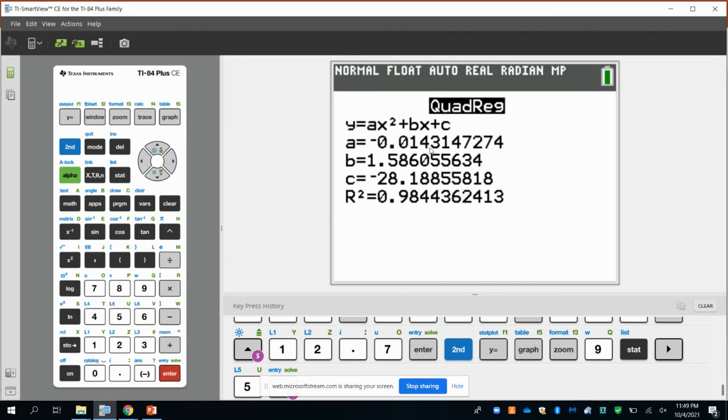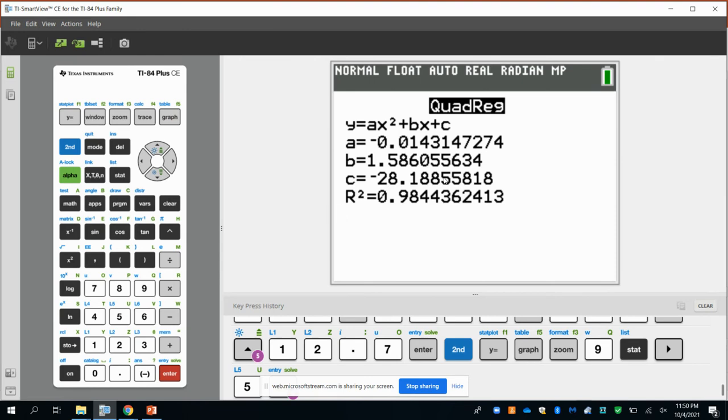The backdoor digit is 5, so add a 1 to the previous digit. And c equals negative 28.1886, again the backdoor digit is 5, so add a 1 to the previous digit.